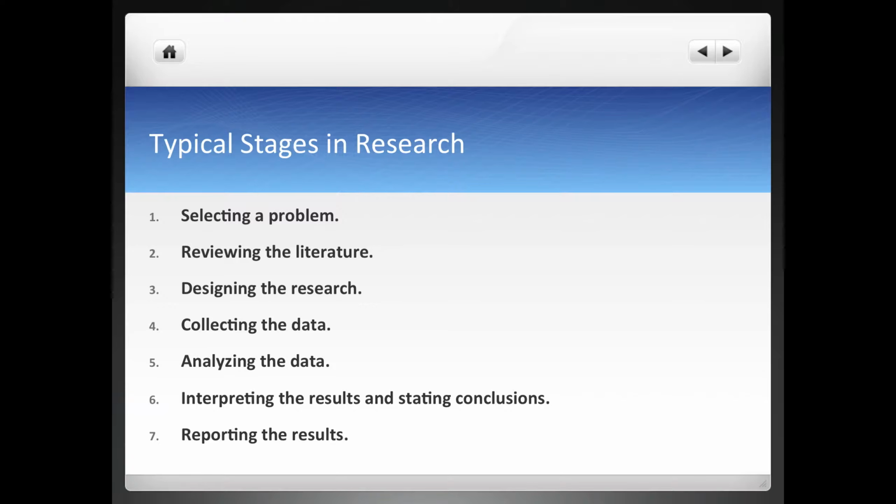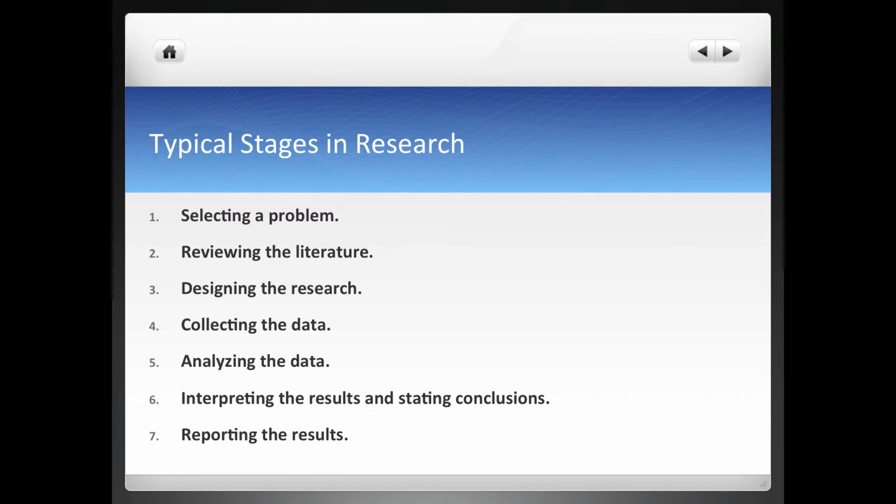When I'm helping people or serving on doctoral dissertation committees, it seems like I'm usually left out of this stage, and that's a stage that's very important, because if your research isn't adequately and appropriately designed, you can get to the end where you may not have collected the right kind of data to address the questions of your research project. So designing the research is extremely important.